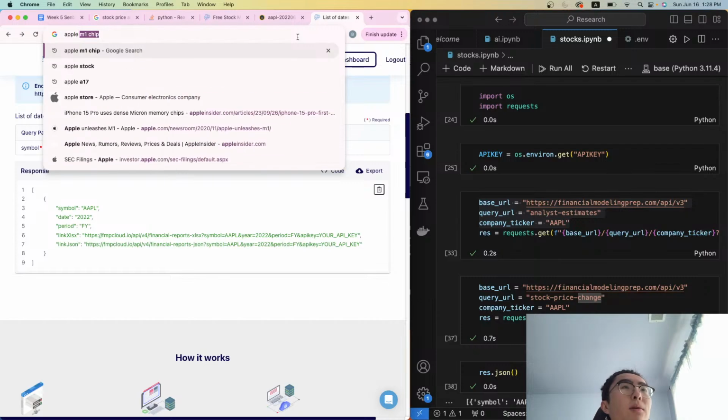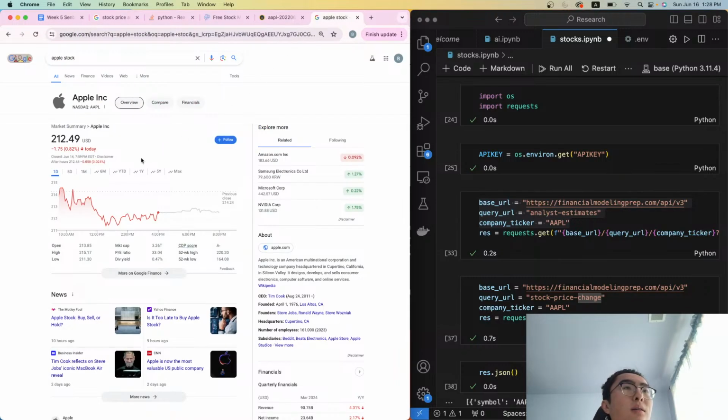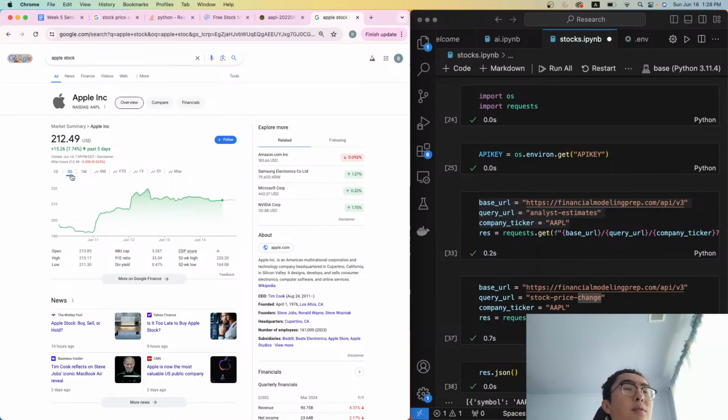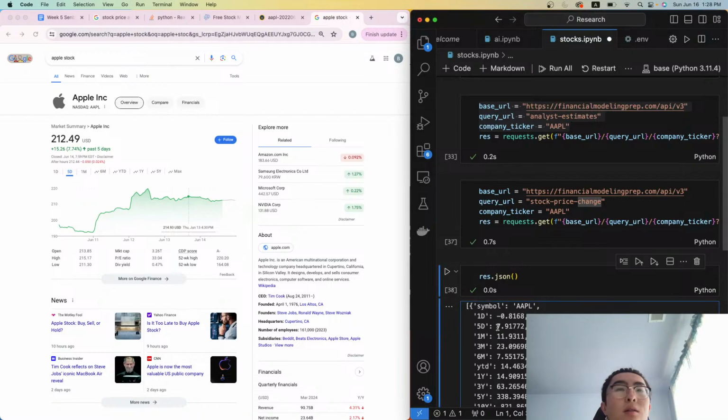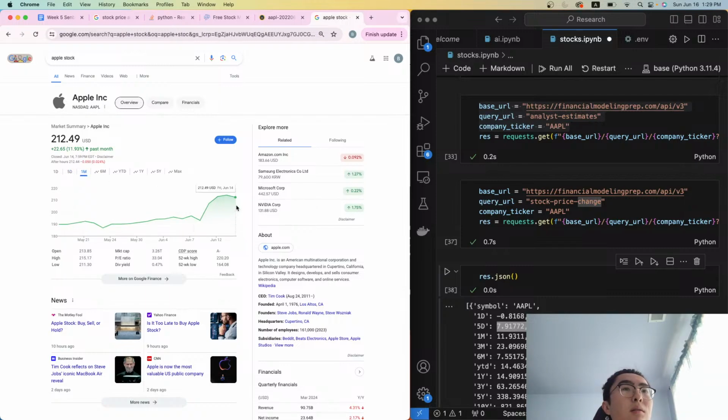So Apple stock, 7.5%. Oh. Yeah, definitely more.